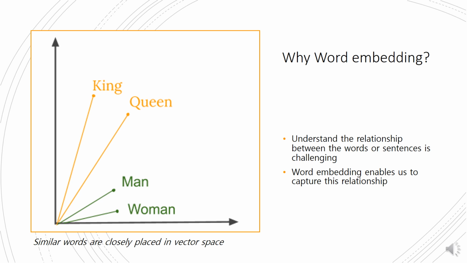But the question is how computers can figure it out. The easy answer to this question is word embedding. Word embedding is a type of word representation that enables us to figure out the relationship between two words or sentences like a human. So how does word embedding represent this information? That is the question.